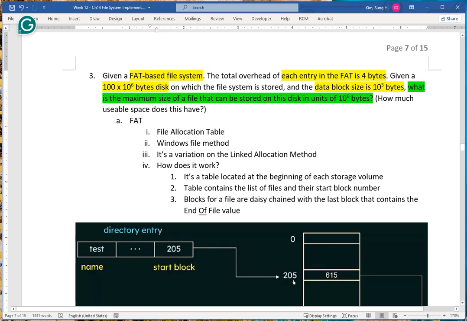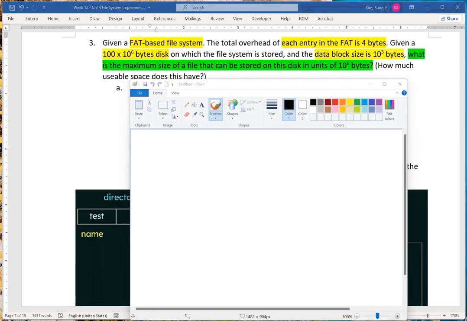Let me show you what this means in a picture. In a storage device, let's say a hard drive, you have blocks and so on.